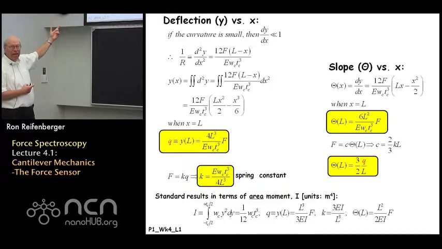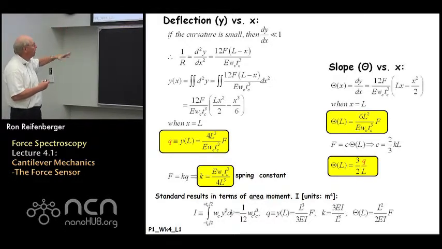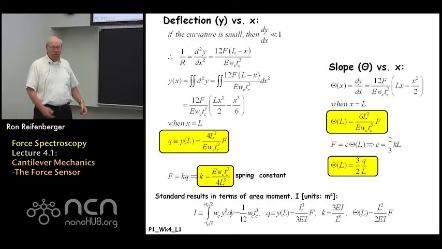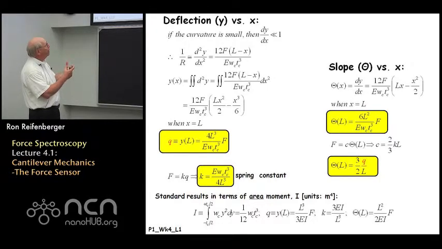The proportionality constant is known as K, the spring constant, or the stiffness of the cantilever. And finally, at the end of the day, you've got an expression for K, and that's enclosed in this yellow box. And this is the expression that you'll find in all the textbooks and all the papers to describe the spring constant of the cantilever.